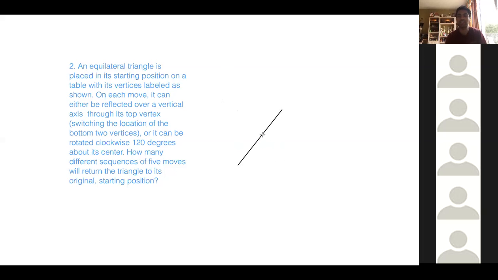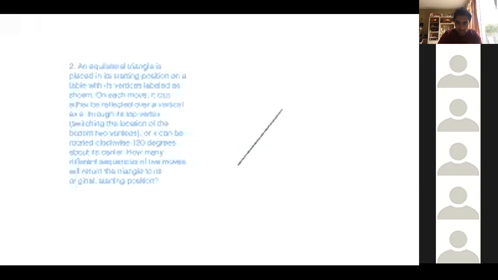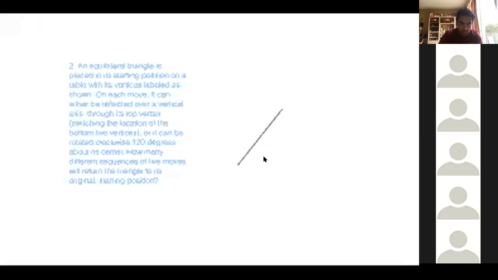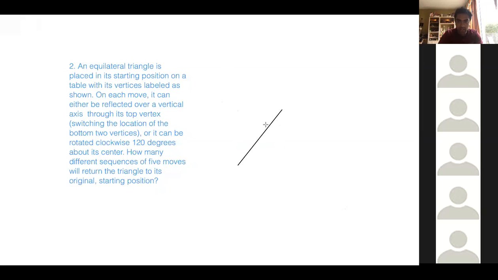But okay, let's discuss this problem. So there's these two possible moves. I don't know if I can put the image here. Okay, I don't think so. So let's just draw a small picture of the two approaches.